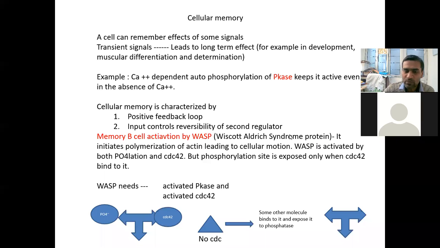Wiskott-Aldrich syndrome is a disorder where a mutation has been observed in the short arm of the X chromosome. Because of this mutation, people suffer from immunological disorders. Their blood cells or blood clotting is affected. Blood cells are not formed.